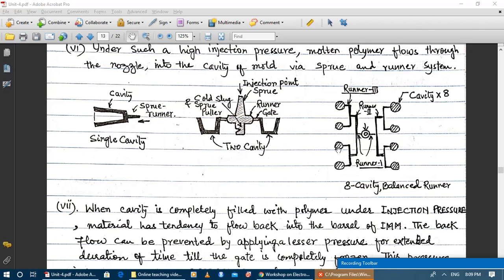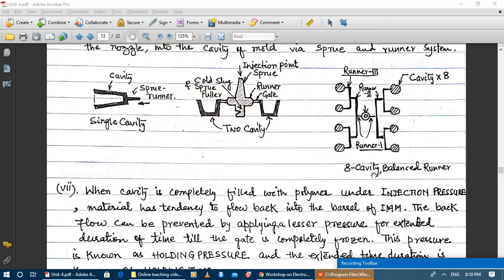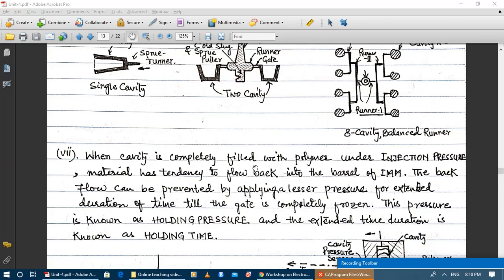It's not like this cavity or this cavity will be filled first and the cavities which are away from the injection point will be filled last. This is the balance runner type design, that each and every cavity will be filled at the same time. Such a design is known as the balance runner system.